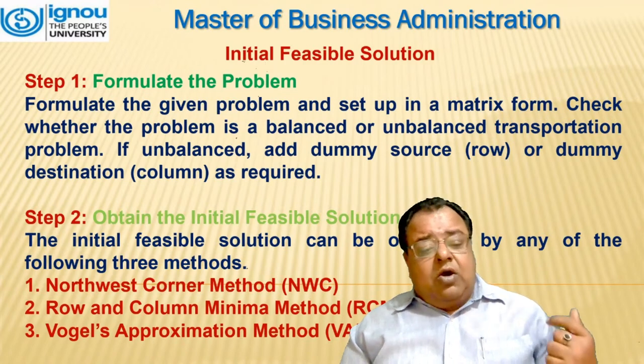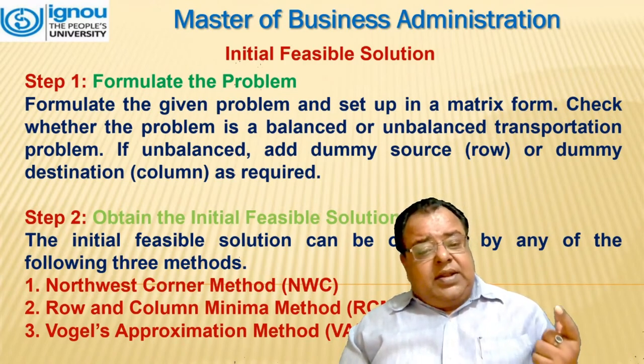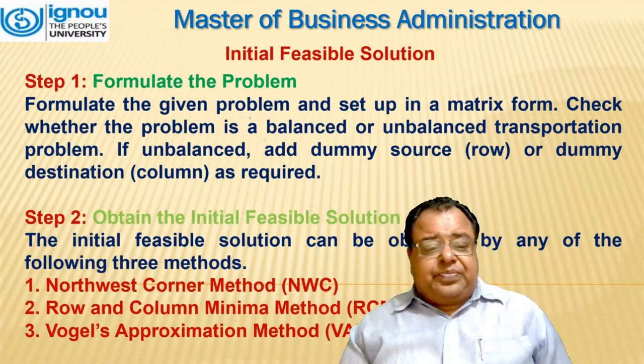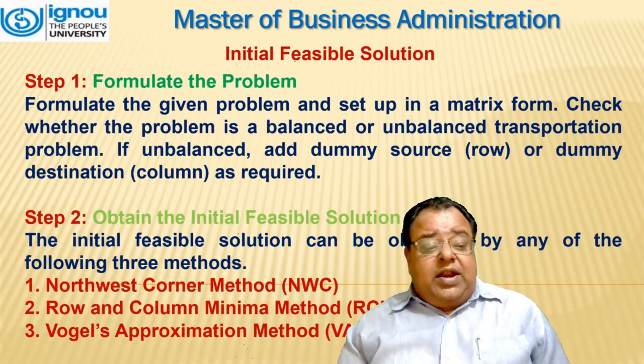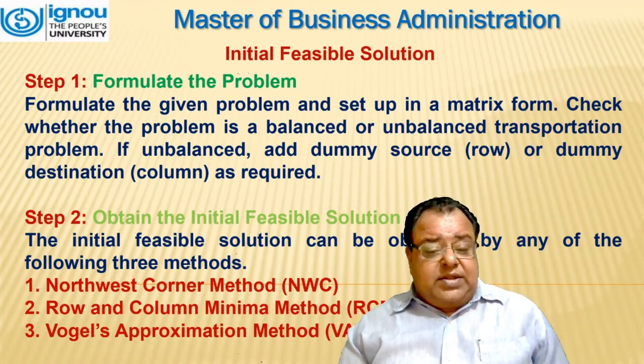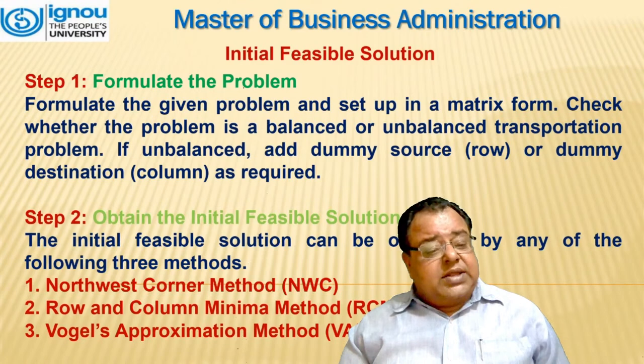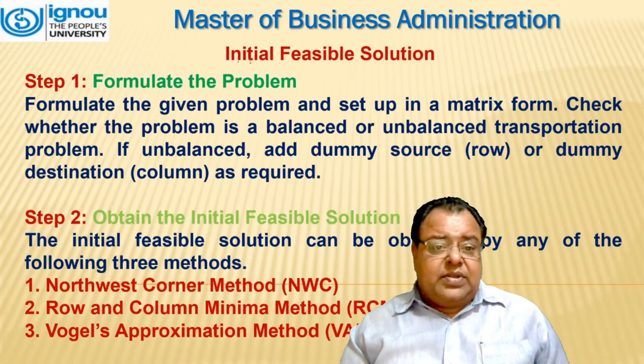Second step is to obtain the initial feasible solution. For obtaining this, we have three methods. First one is the northwest corner method, that is NWC. Second, row and column minimum method, that is RCMM. And the third one is Vogel's approximation method, that is VAM.